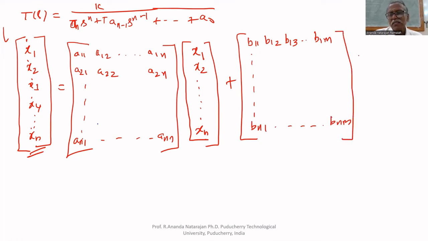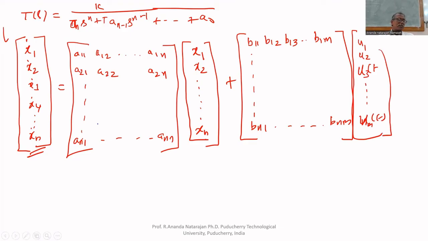You will get a B matrix multiplied by U of t, where there are many inputs, U1, U2, U3, etcetera, Um of t. This is the state space representation of an nth order system. How many inputs? m inputs.